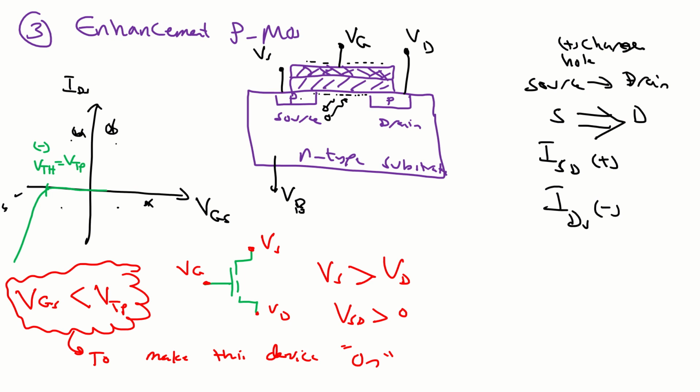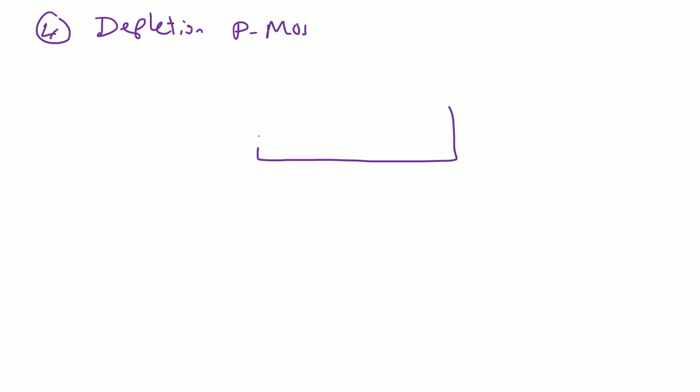So those are the differences between the three types, and the fourth one will be, of course, the depletion P MOSFET. So again here it means the channel that should be created will be P-type. Here the source and here the drain. P-type, P-type.